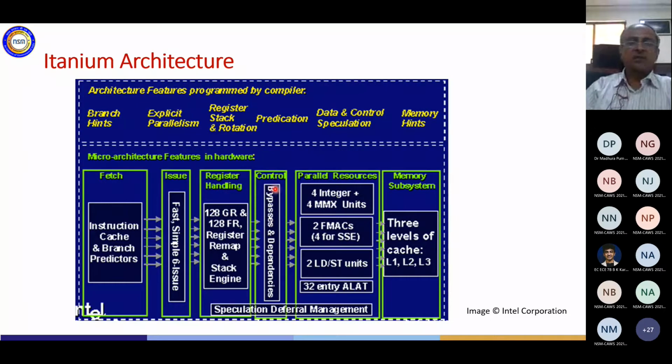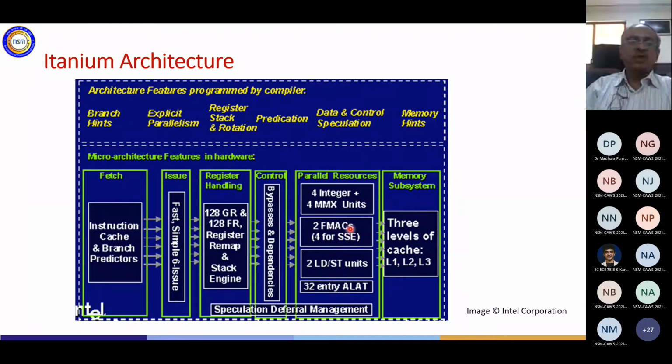There is a prediction field in the instruction which predicts whether you have to bypass them or something. And these are the parallel resources, like 4 integer units, 4 MMX units, 2 fused multiply add units, load store units, and all these things; that is where the parallelism comes from. And finally, in the write stage, it will give a hint as to where to write in the memory.